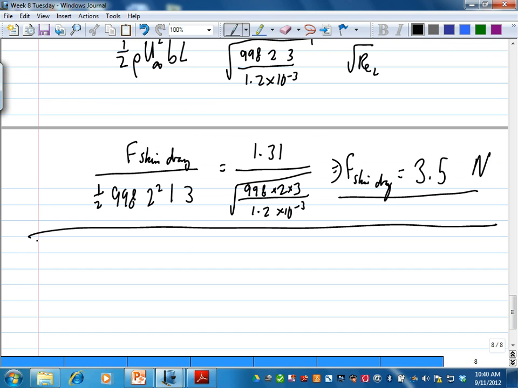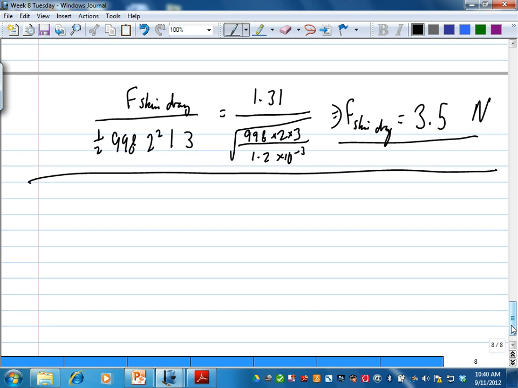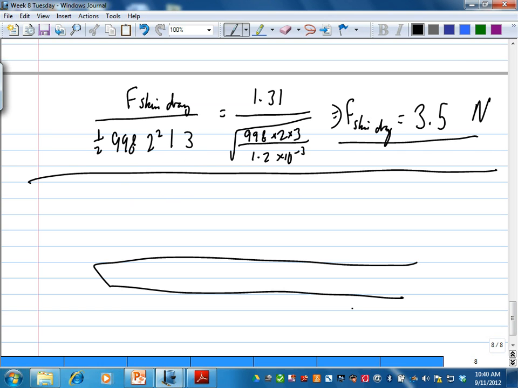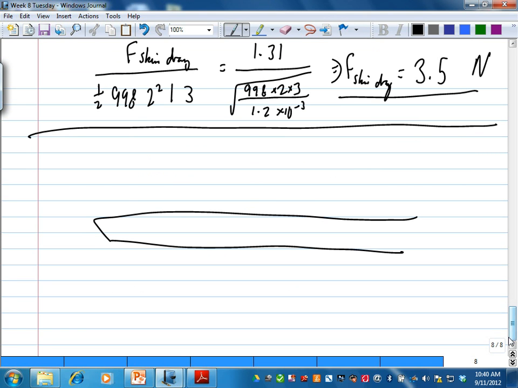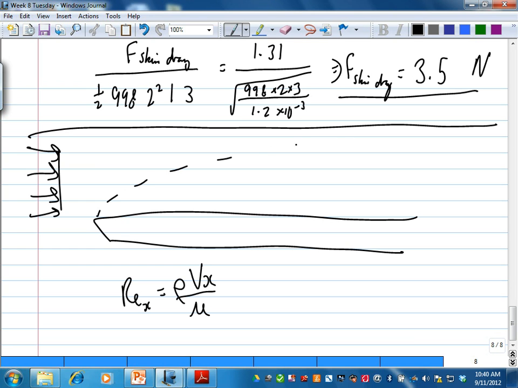So for the remaining part of this lecture, we talk about turbulence. Here Re_x is rho V x over mu. Uniform flow coming in, and this is your boundary layer.